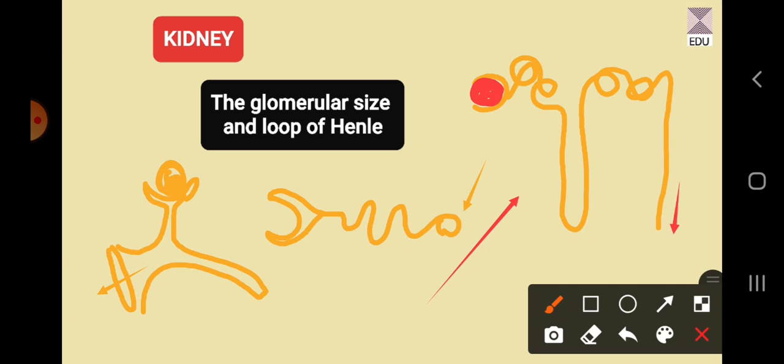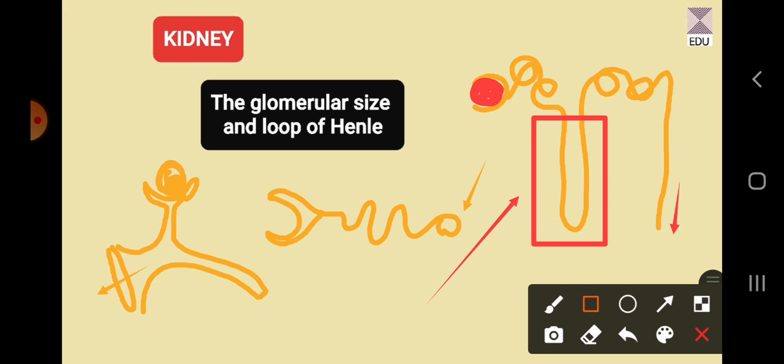But here the concentration of the urine is taken care of by this loop of Henle. So it is concentrating the urine to such an extent that not even an ml of extra filtrate is given out in the urine.